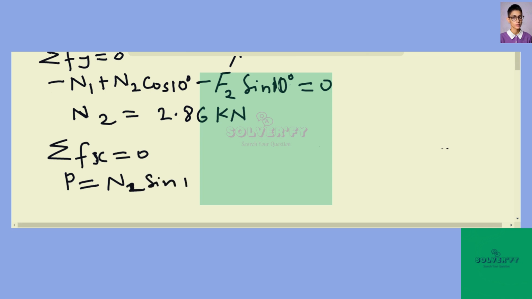It is N2 sine 10 degrees, plus mu, the coefficient of static friction, N2 cos 10 degrees, the inclination of the plane of the wedge, plus mu N1, the normal reaction at point 1.